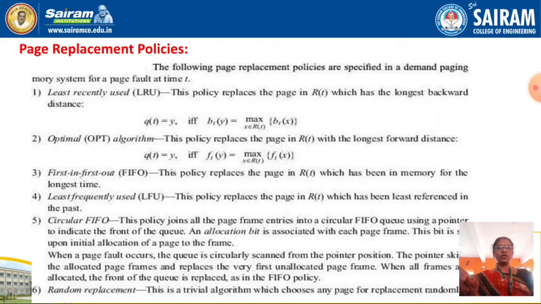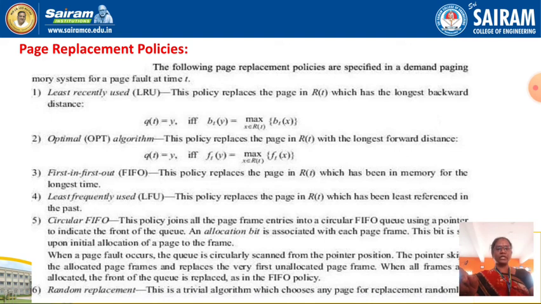The optimal algorithm is another popular algorithm which replaces the page with the longest forward distance. The third algorithm is first in first out. We know that the page inserted first will be released and replaced immediately.